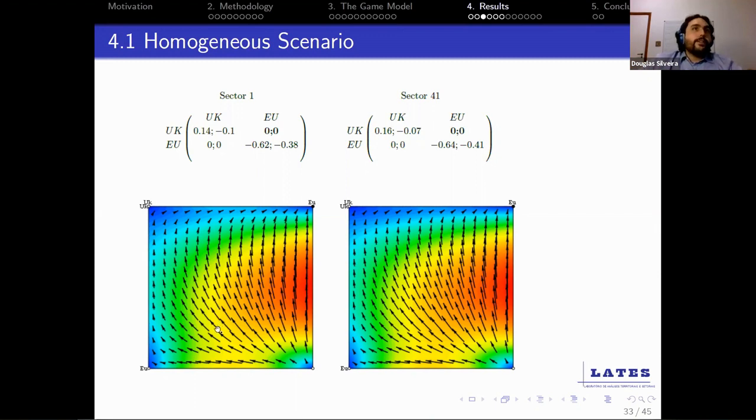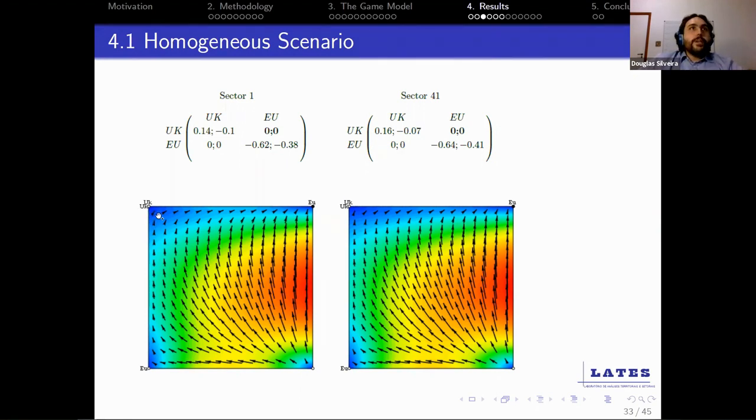So let's say that in a given initial condition here inside this square, let me assume that both firms are closer to this point here, where both are deciding to be located in the UK. So we see from the vector field that it's not an evolutionarily stable strategy. It's not an equilibrium point because the vectors are going in another direction. So this is actually a saddle point.